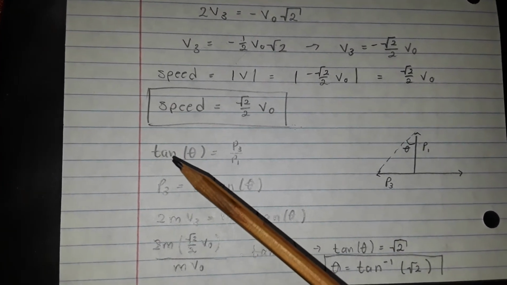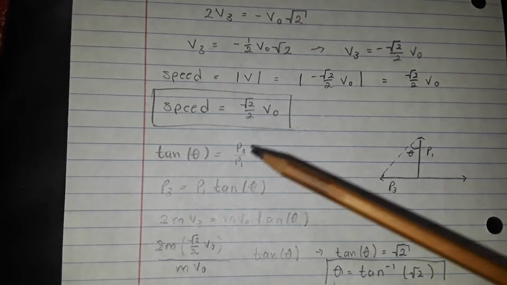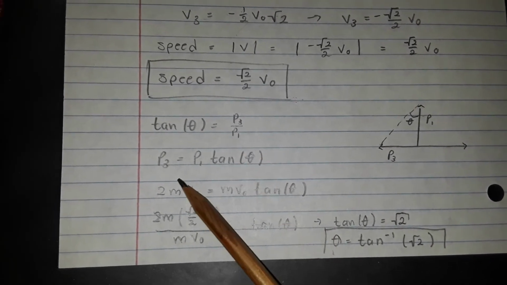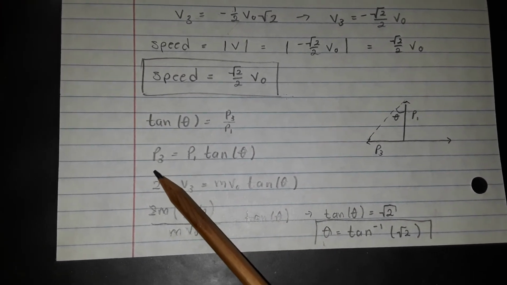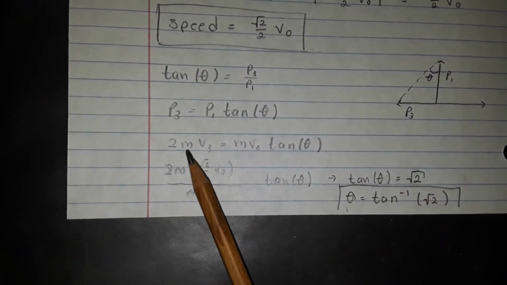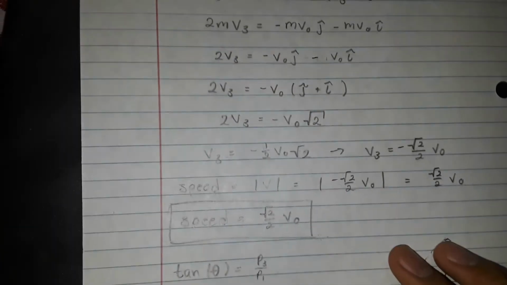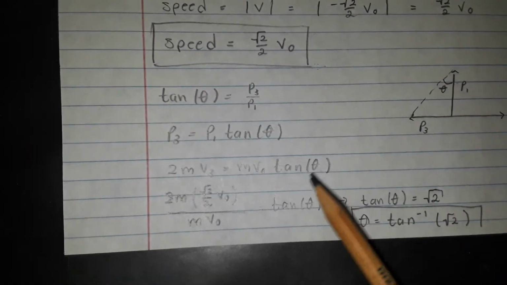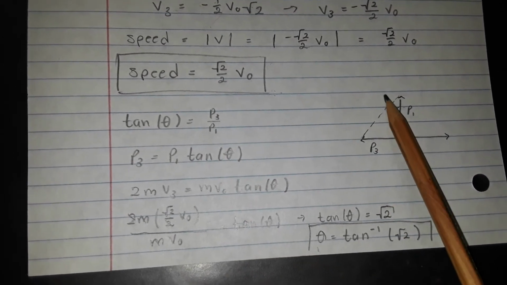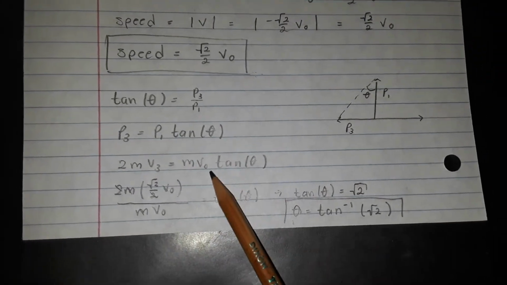So we know that it's going to be tangent. The tangent is always equal to the opposite divided by the adjacent. We know that the momentum P3 and P1 times the tangent of theta, where P3 is just 2 times the mass times the velocity, which we just found, is going to be equal to the momentum of the one that flew in the north direction, which is just mv naught.